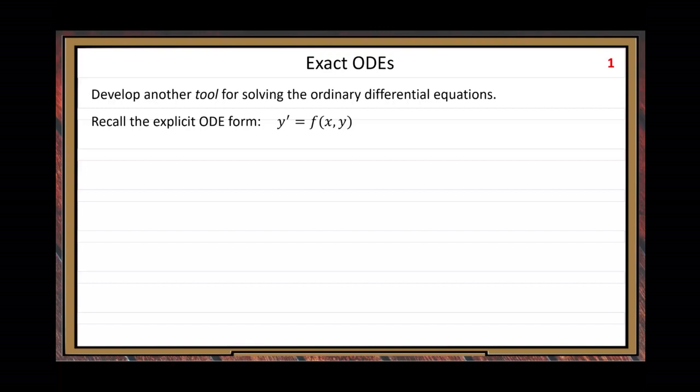We consider f of x and y taking a fraction form, numerator over denominator, m function over n function. That case is still very general.